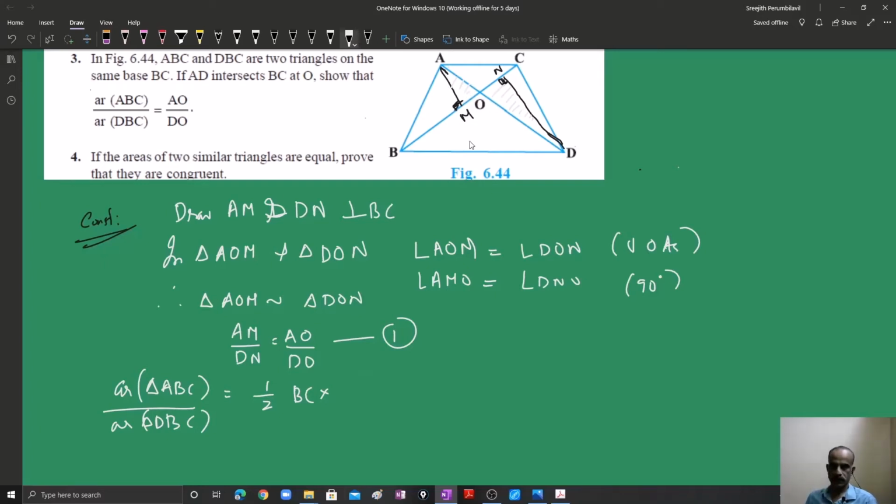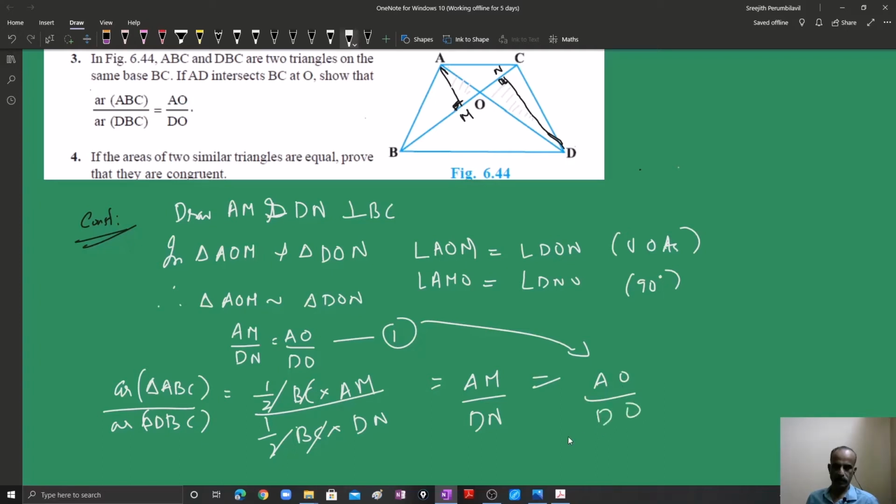Altitude is AM, divided by half into base of this, BC, into height of that, DN. DBC, the height is DN. Half and half cancel, BC and BC cancel. This is equal to AM by DN. But using 1, what is AM by DN? That is equal to AO by DO, and hence the proof.